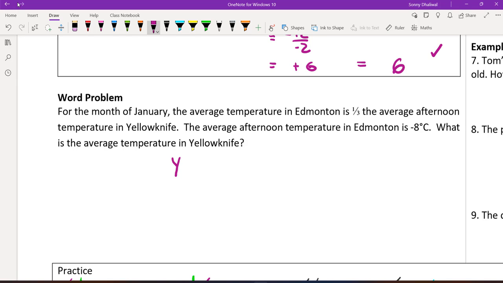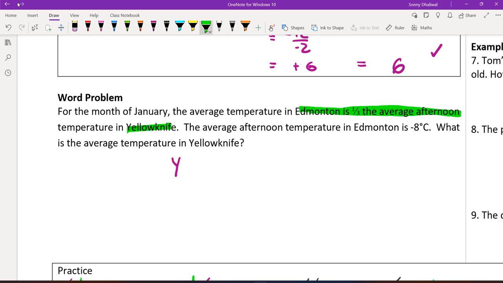Times by 3? It says Edmonton is a third of Yellowknife. So is Edmonton more or less? Less. So divide. Right? So it's tricky.